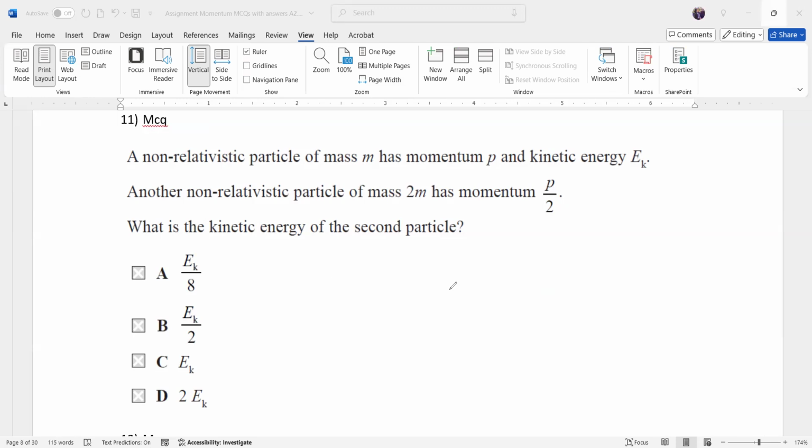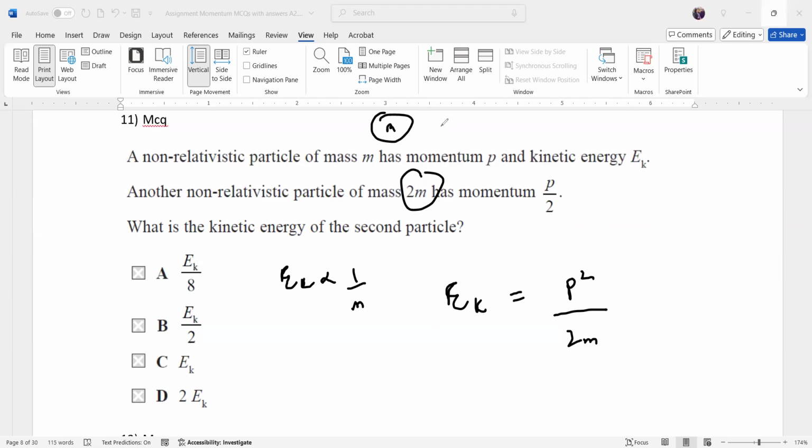So we have the formula Ek is equal to P squared over 2m. Another particle has a mass twice. So what is the relation according to this? The mass and kinetic energy are inversely proportional. The term relativistic, you will learn in particle physics, means that when a particle moves close to the speed of light, its mass increases.